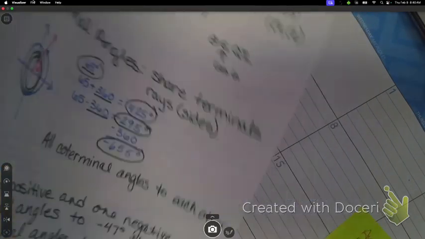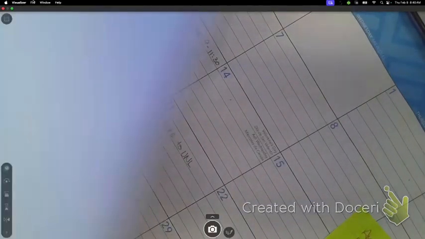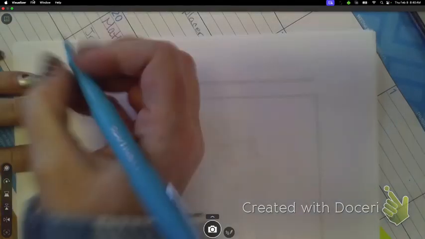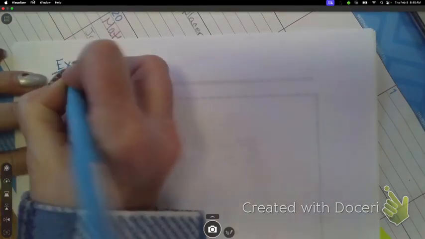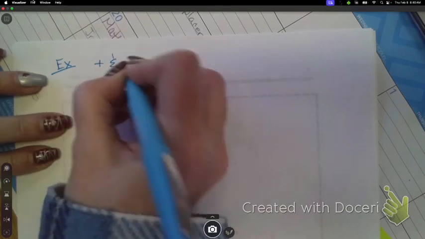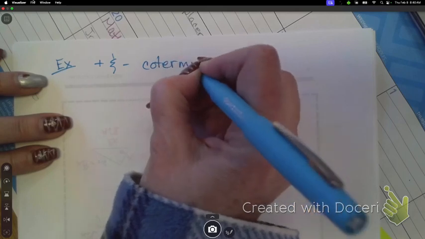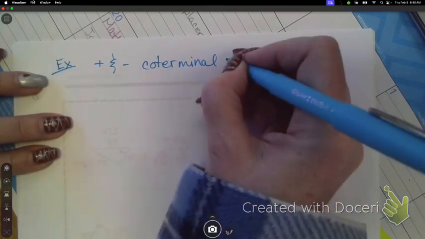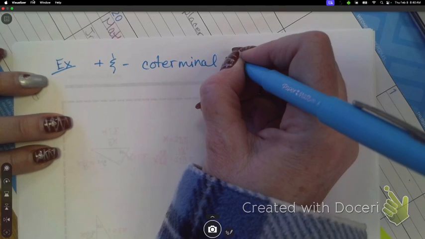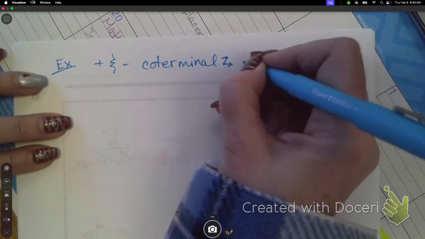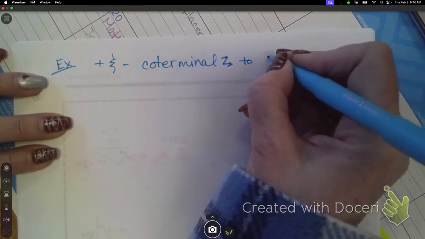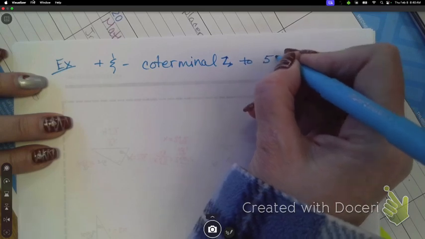One more example I want to do with those is what happens if I want a positive and a negative coterminal angle to 536 degrees.